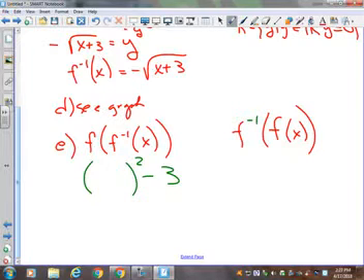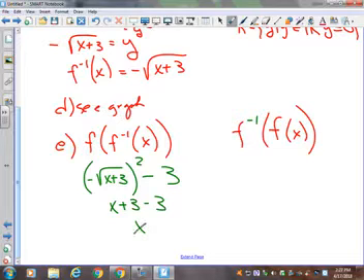So our original problem was something squared minus 3, right? And I'm putting this inside of there. Everybody with me? I'm putting the square root problem inside the square problem because the square problem is the original. And the negative square drops off, and the square root drops off and gives me x plus 3. Minus 3 makes x. So we got half a chance that we did the math right on part C.